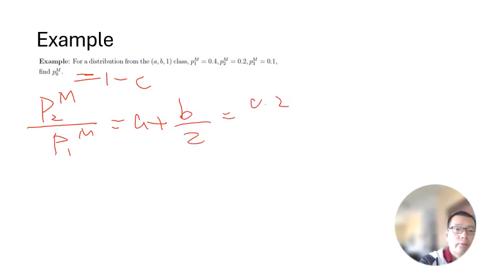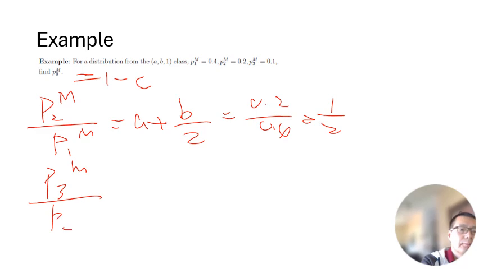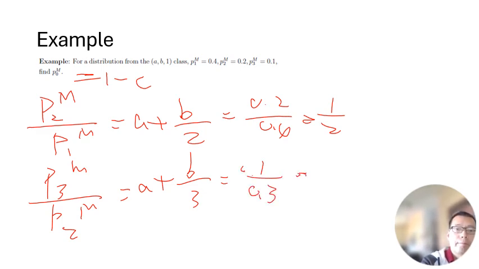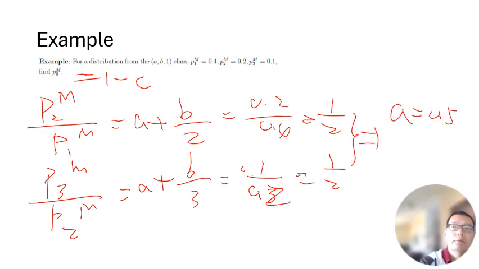So from here we can get this is equal to half, then P3M over P2M will be equal to A plus B over 2, which is half. From here we can get A is equal to 0.5, which is greater than 0, and B is 0. Therefore, we say it's a geometric distribution.